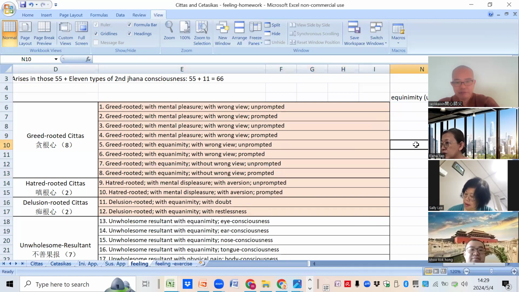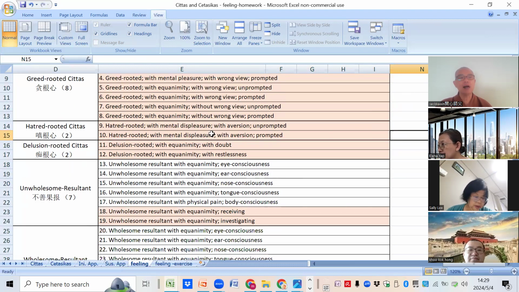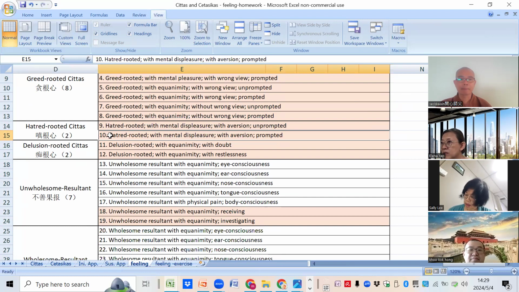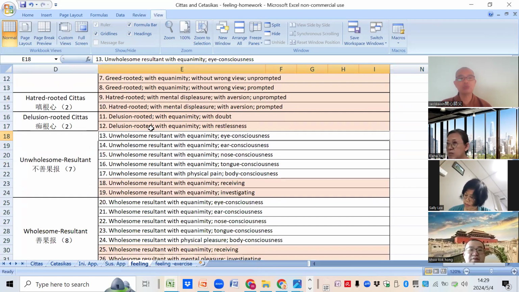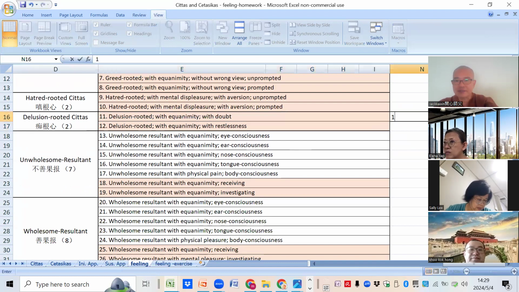So we put 5, 6, 7, 8, each one is a 1. Then Kok Hong, how about the hatred root citta, 9 and 10? No, there is no equanimity. How about 11 and 12, the delusion rooted citta? Yes, it is with it, 1 and 1.